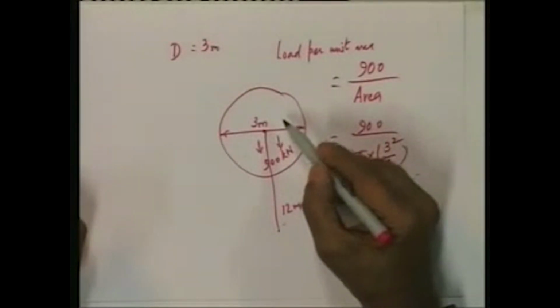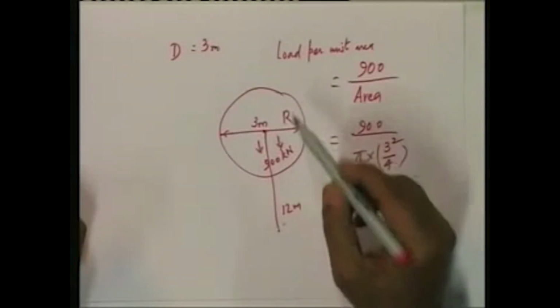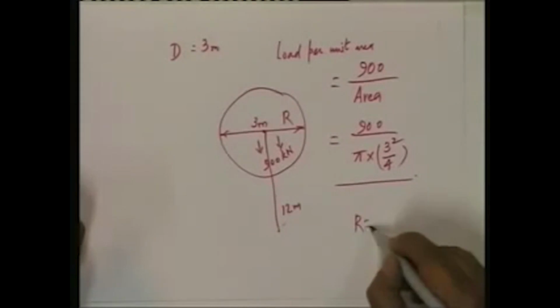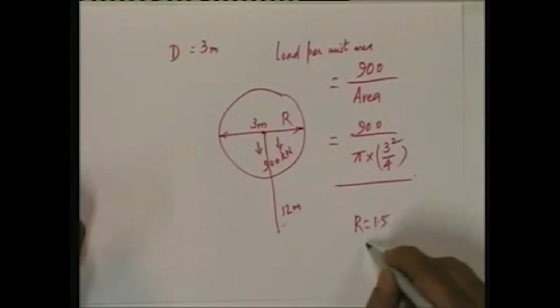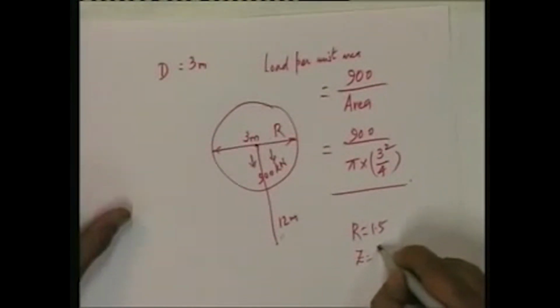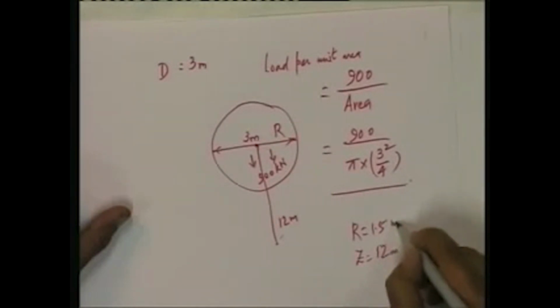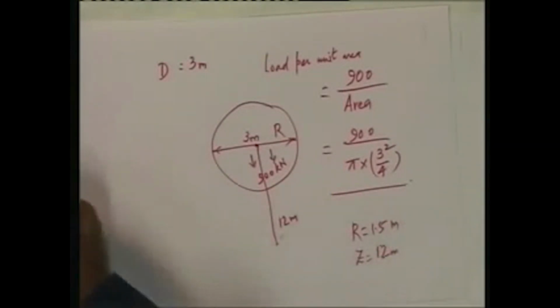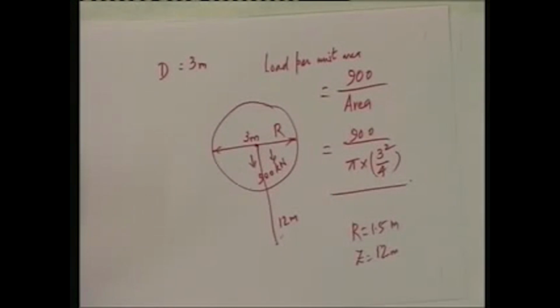The radius r is 1.5 meters, the depth z is 12 meters. So, we need to now use the influence coefficients chart or the formula, depending upon whether the ratio r by z lies within the range of the table or not.